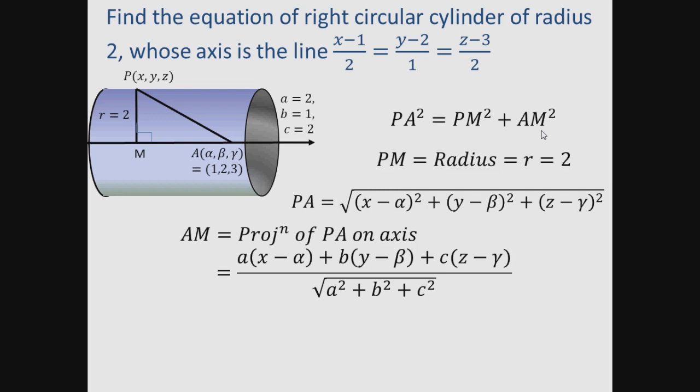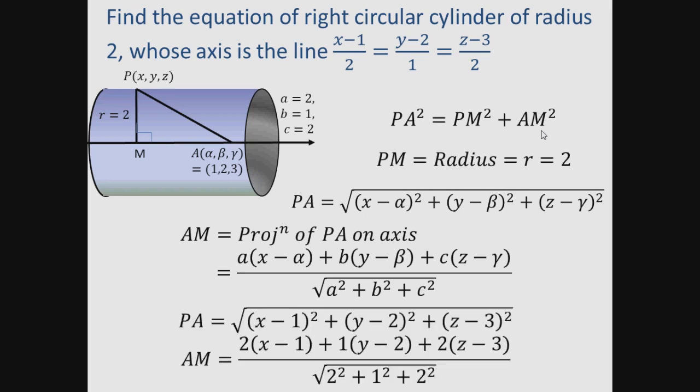Now substitute the values of alpha, beta, gamma and a, b, c. Therefore PA is the square root of (x minus 1) square plus (y minus 2) square plus (z minus 3) square, and AM is 2 into (x minus 1) plus 1 into (y minus 2) plus 2 into (z minus 3), divided by the square root of 2 square plus 1 square plus 2 square.